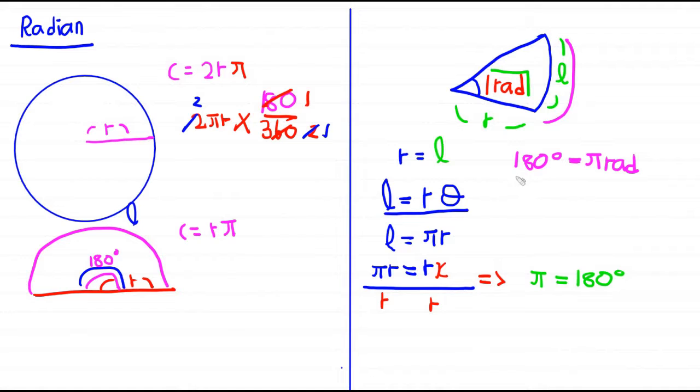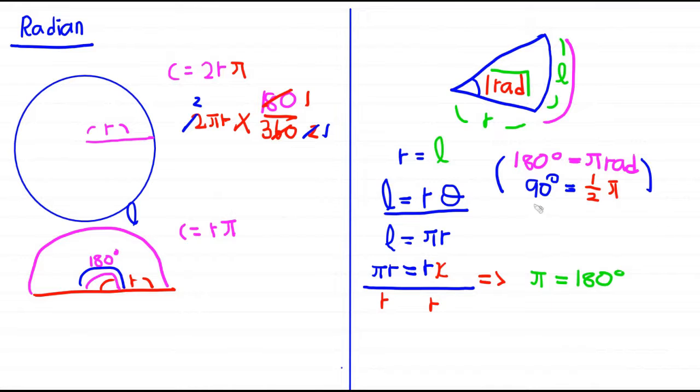Let's do some practice of converting degrees into radians. What about 90 degrees? Well, 90 degrees is half of 180 degrees, so we also need to multiply by 1 over 2, or divide by 2, in order to make it equal. If you divide pi by 2, you are left with 1 over 2 times pi radians.